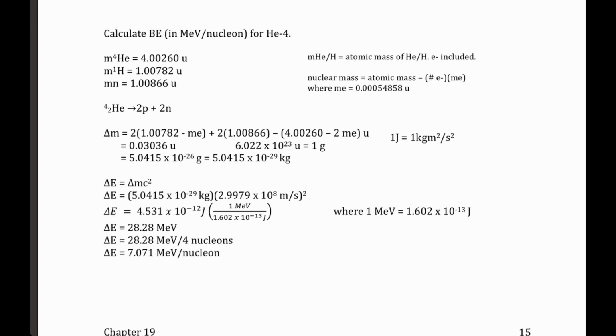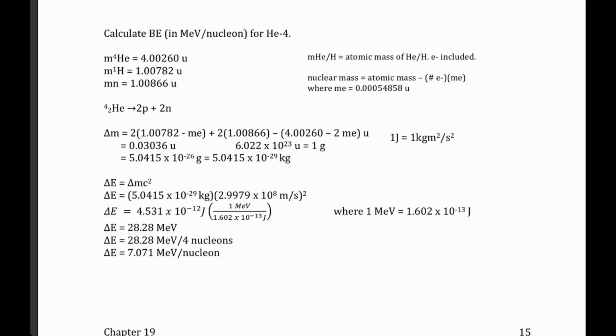For now, we're going to be calculating the mass change in that nuclear process and then the energy change. So we have to be given the mass of the parts involved.